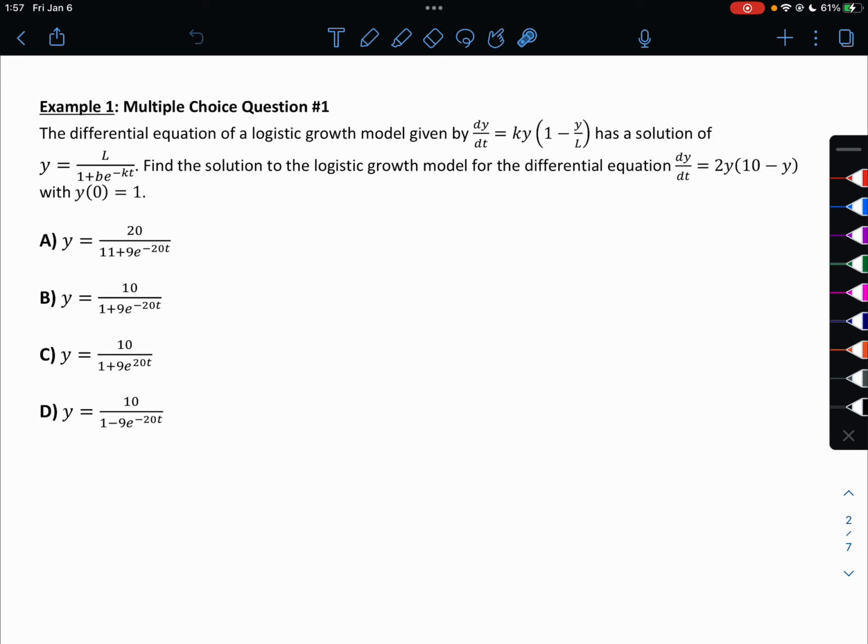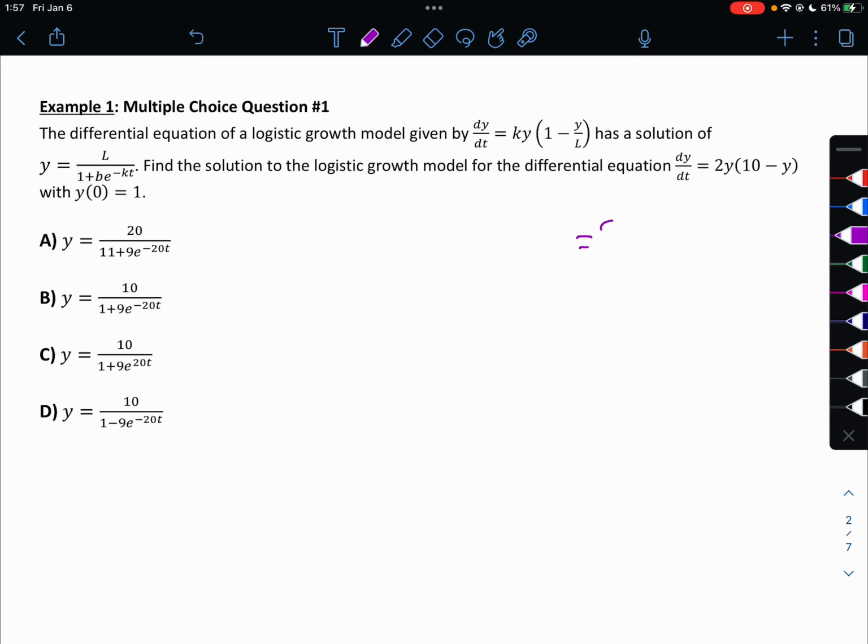Number one, the differential equation of a logistic growth model given by dy/dt has a solution of y. Find a solution to the logistic growth model for the differential equation with y of 0 equal to 1. First of all, we're going to want this to look like this. In order to do that, we want this to be 1 here, so we're going to factor out a 10 from both sides.